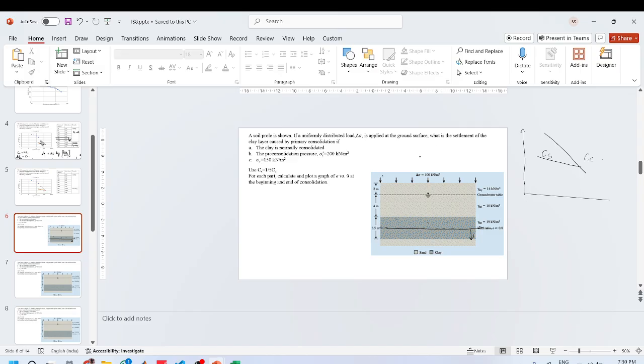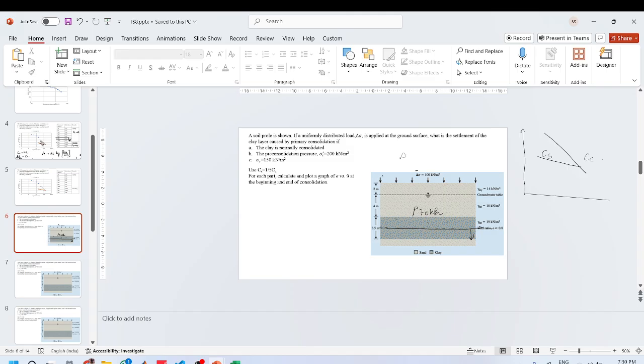And while loading, let me say that the pre-consolidation pressure for the soil was 70.